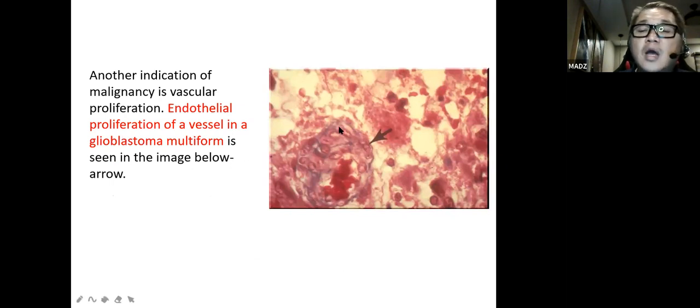You see this blue one, these are your blood vessels. And if you see a lot of blood vessels there, then most likely it shows hypervascularity, and it means that this is most likely an aggressive or a malignant form of astrocytoma.